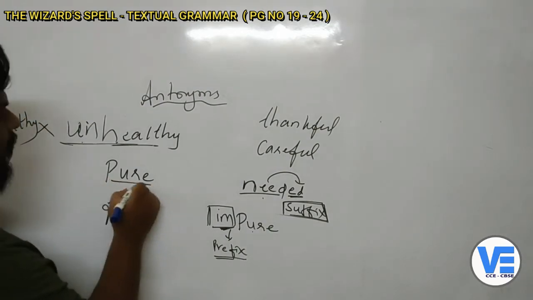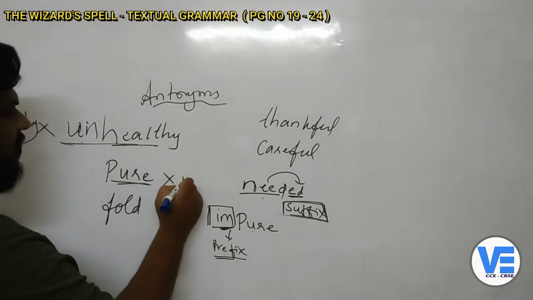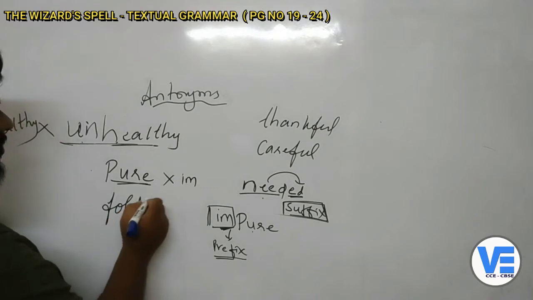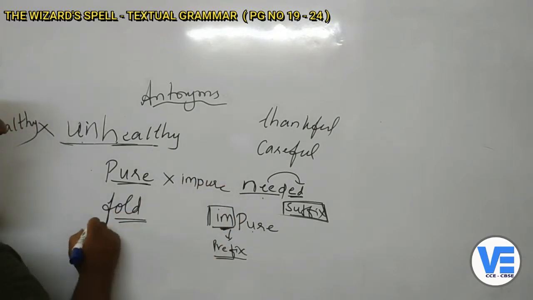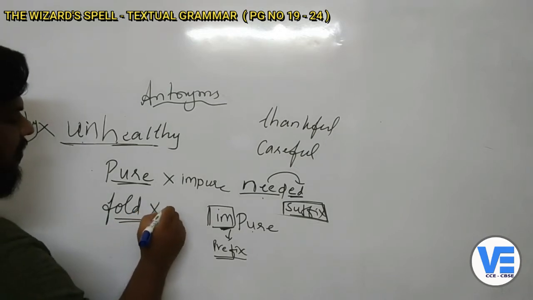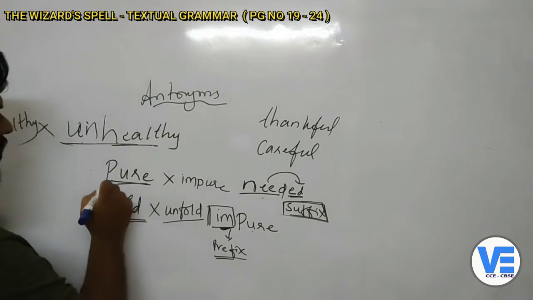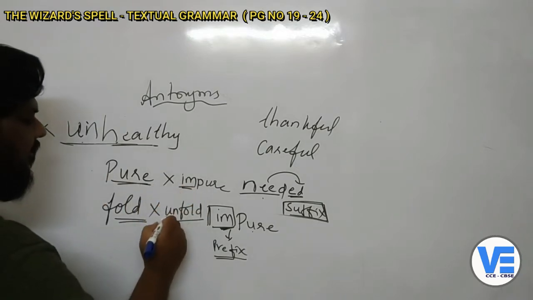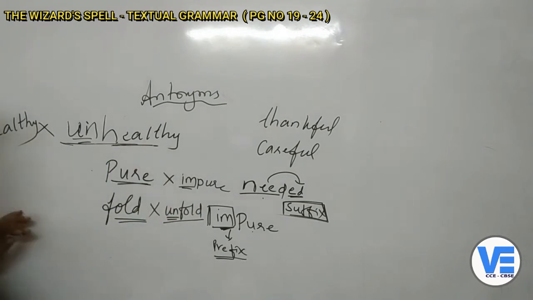Now if there is the word pure, how can you make it an opposite word? Just add im in the beginning as a prefix. It will become impure. Now there is a word called fold. What can you add here? Unfold. So we are using prefixes to make them into opposite words.